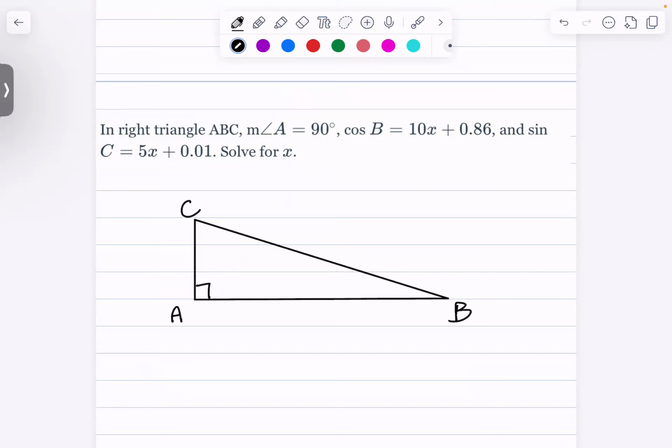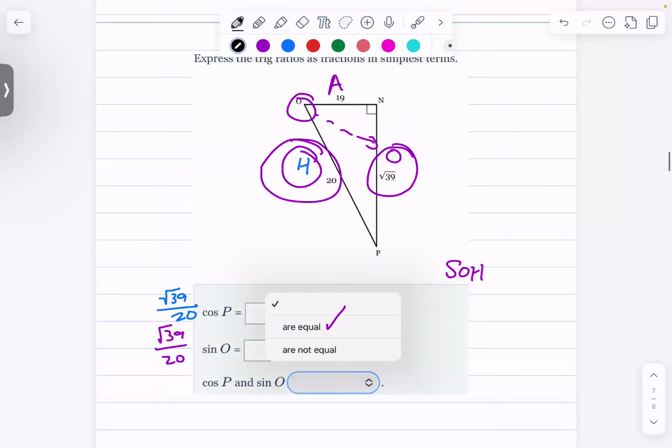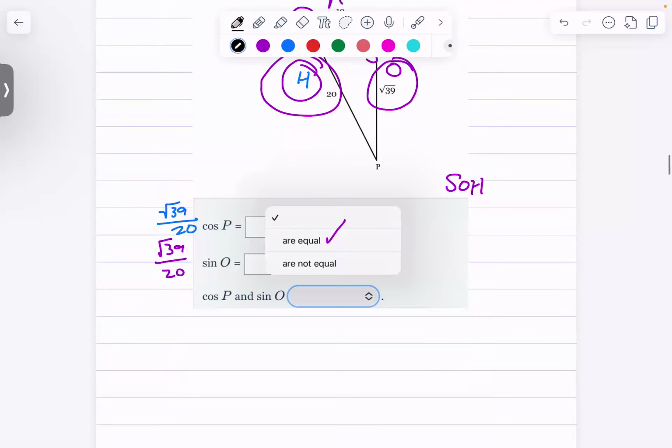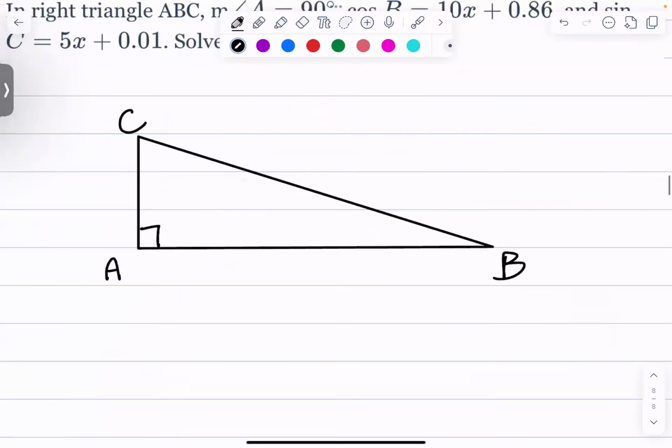They're the same. The cosine of P and the sine of O are always going to be equal. If the two acute angles in a right triangle, the sine of one and the cosine of the other, will always be equal. Always, always, always.